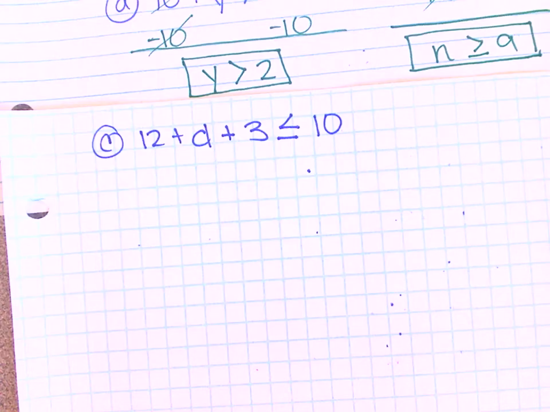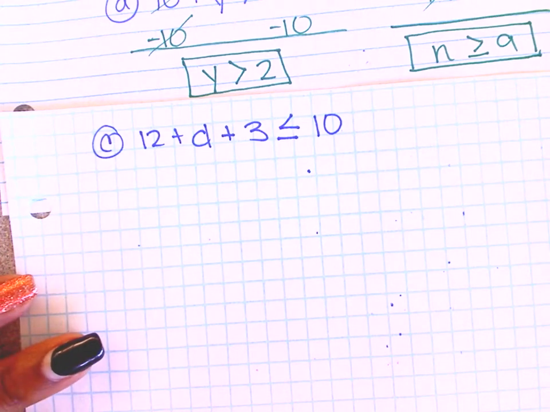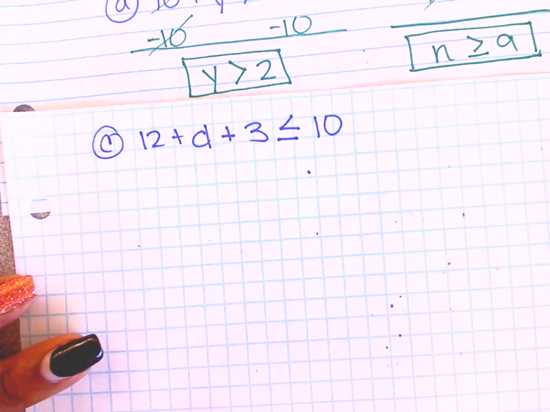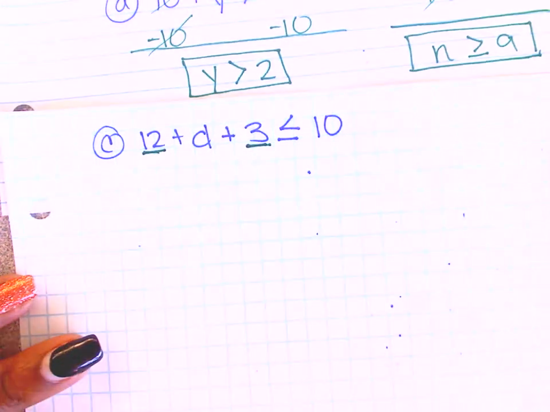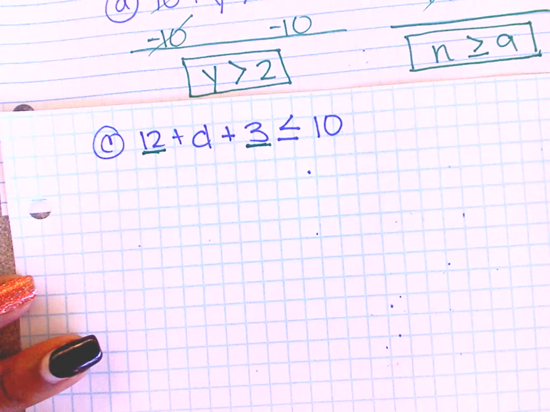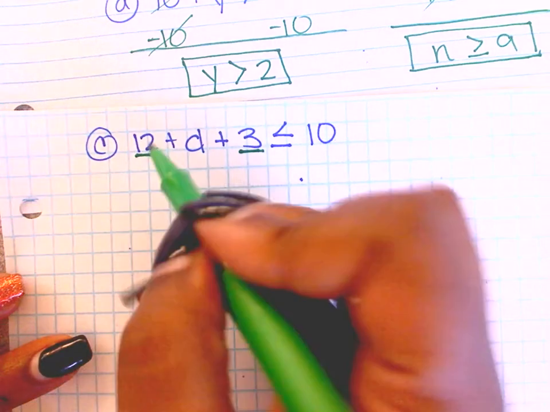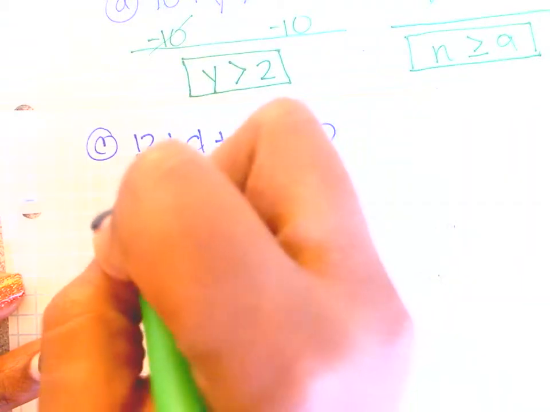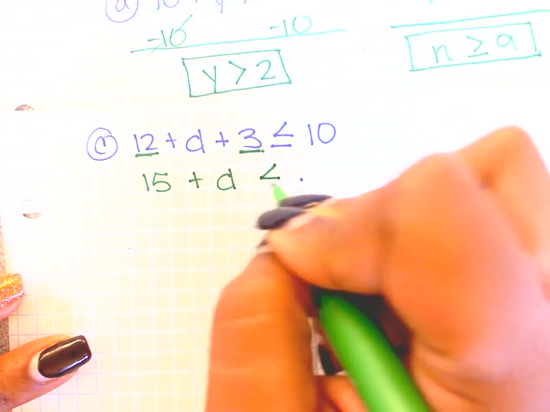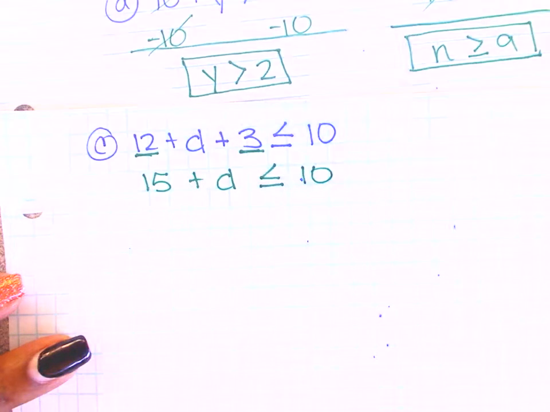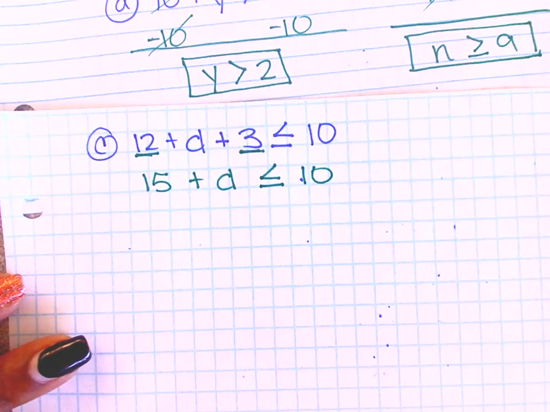All right, so we have these examples. I see that I have 2 common numbers here. So that 12 plus 3 is 15, plus d is what I have left over, is less than or equal to 10. They're like terms.